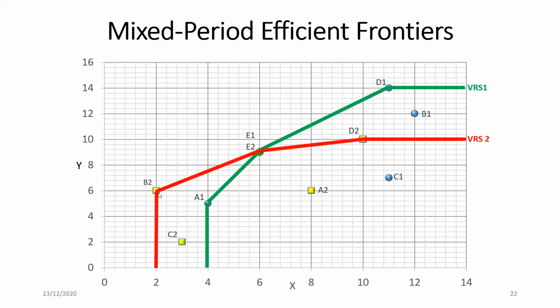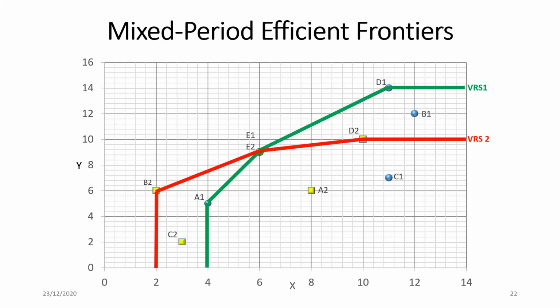If you look at B2 on the graph carefully, you will notice that B2 is in year 2, and you are measuring it relative to the green frontier, vertical. And there is no green frontier vertical. Is there any green frontier you see above B2 directly? No. And so, because there is no green frontier, you cannot assess this cross-period efficiency. It is one of the infeasible DMUs in cross-period language.